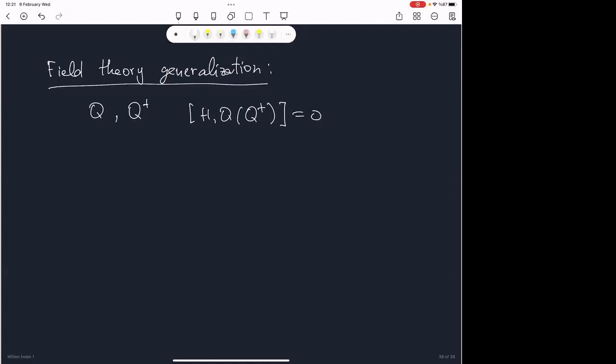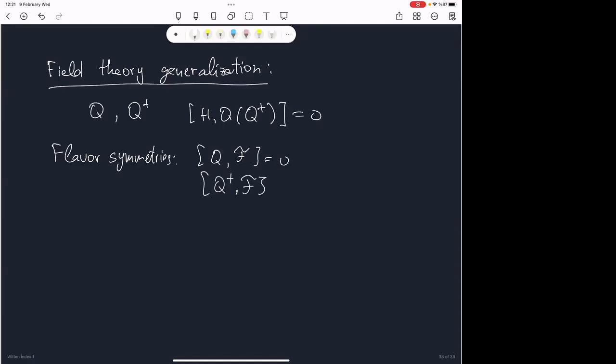They also commute with Q. Let's call this symmetry F. It has nothing to do with F, the fermion number operator, so let me write it like this. These are other symmetries, for instance flavor symmetries, and they also commute with Q and Q Dagger.